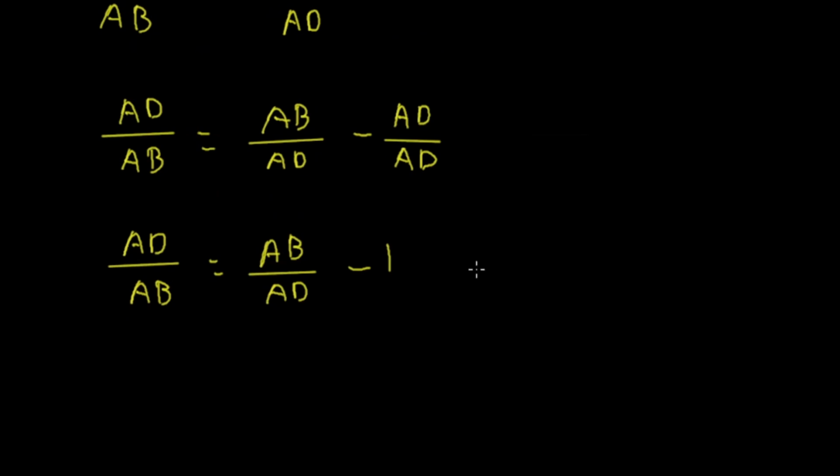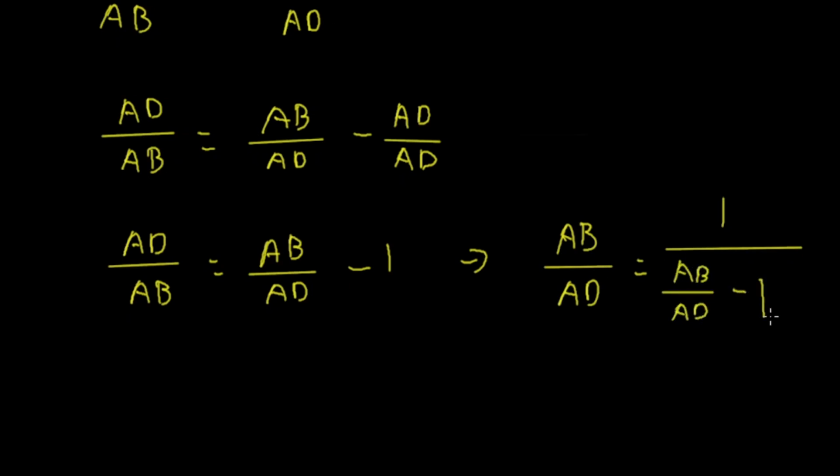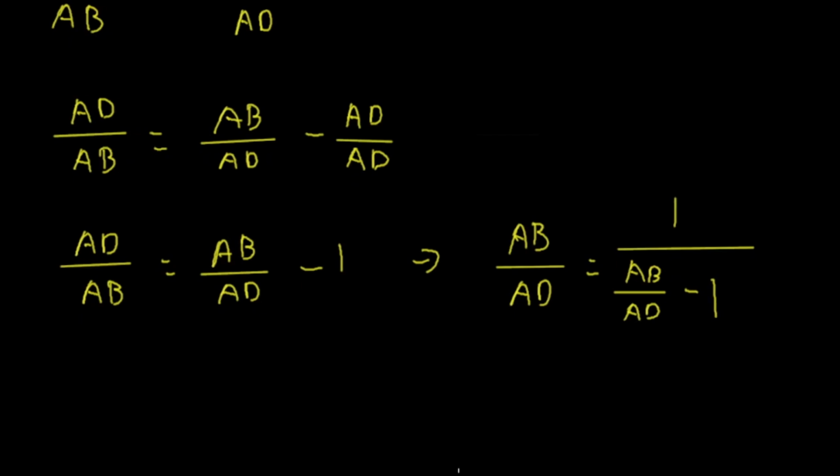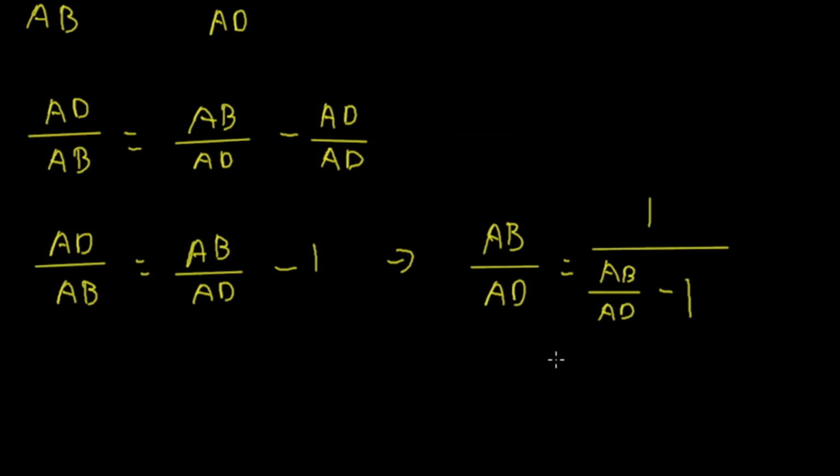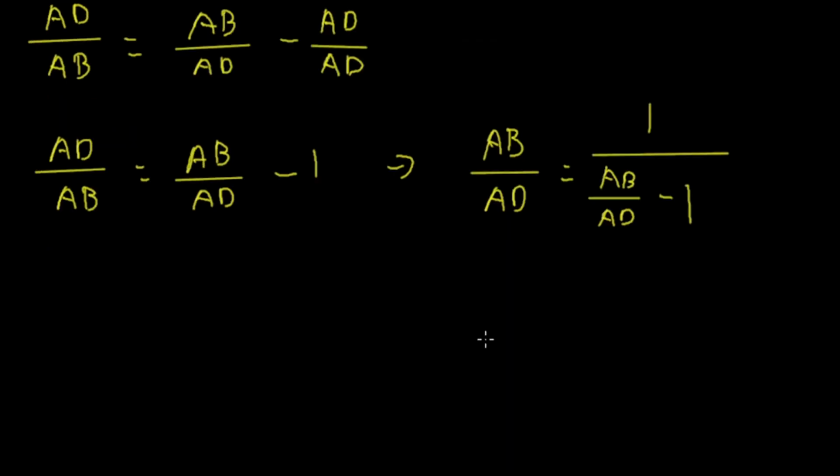So here, AB over AD is equal to 1 over AB over AD minus 1. Now, I want to solve for AB over AD. To do this, I will have to multiply both sides by AB over AD minus 1, which will give me a quadratic equation. So let's make it easier.